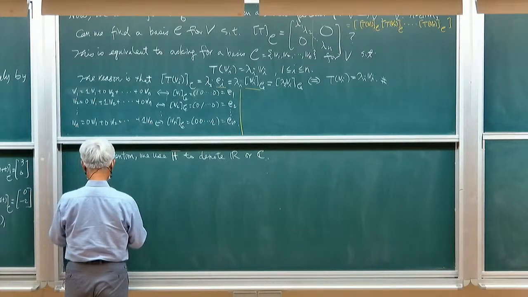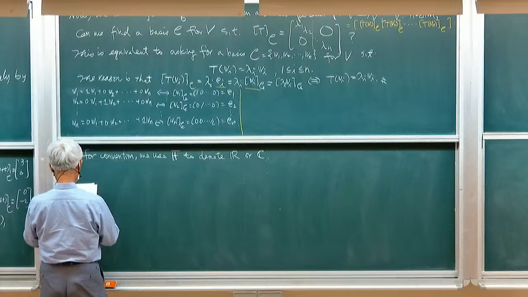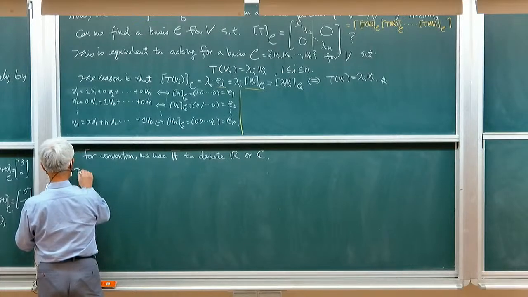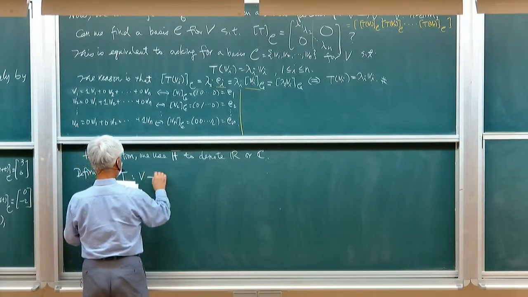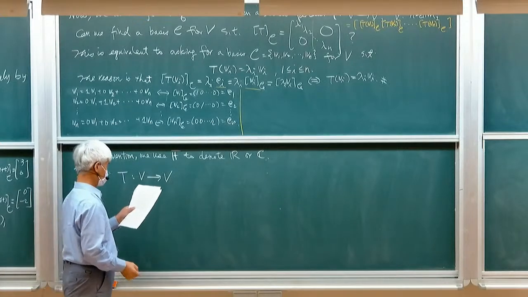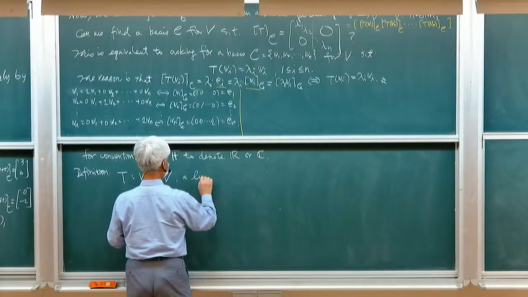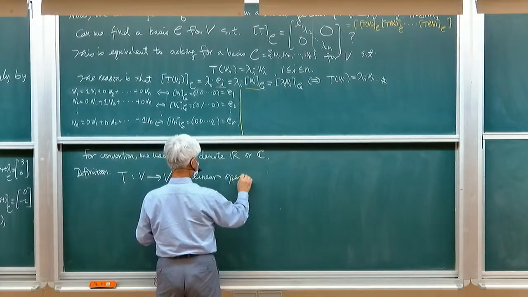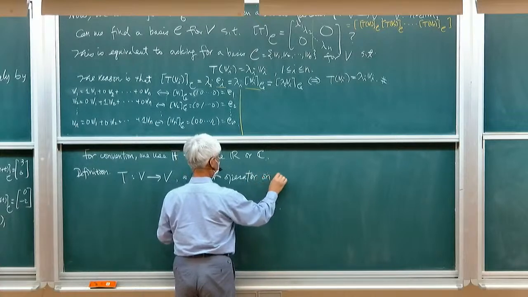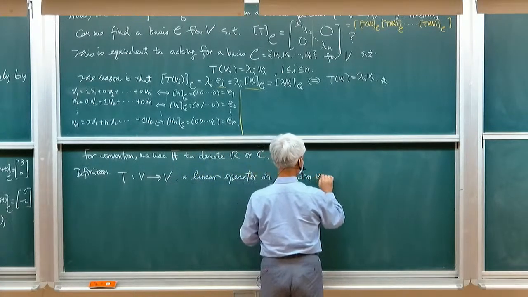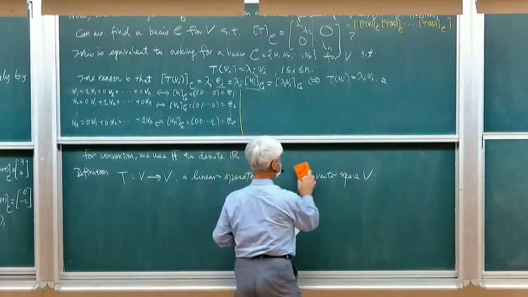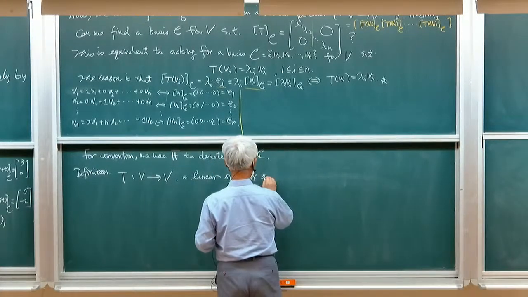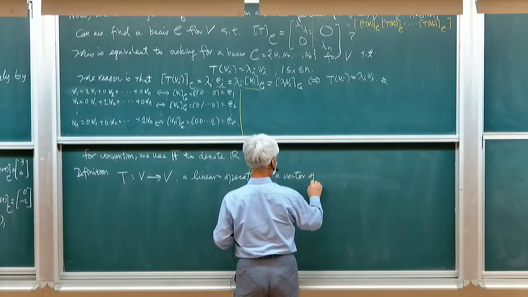Okay, so the definition. T is a linear operator from V to V, a linear operator on a vector space.